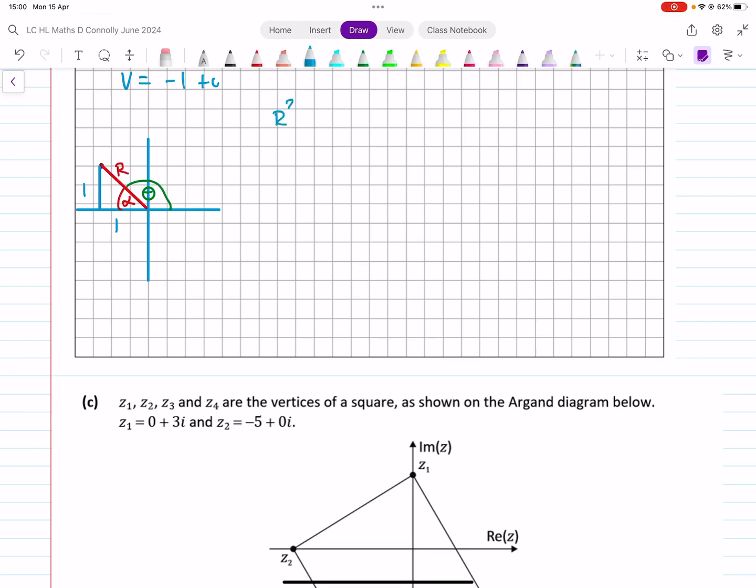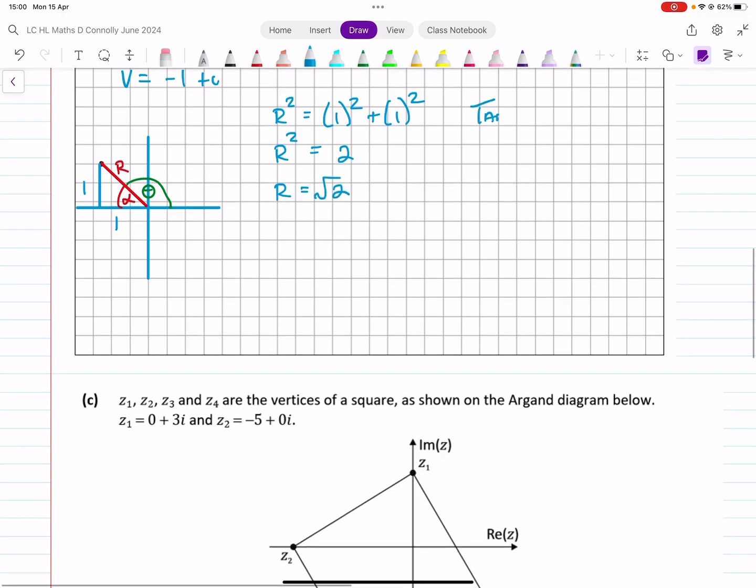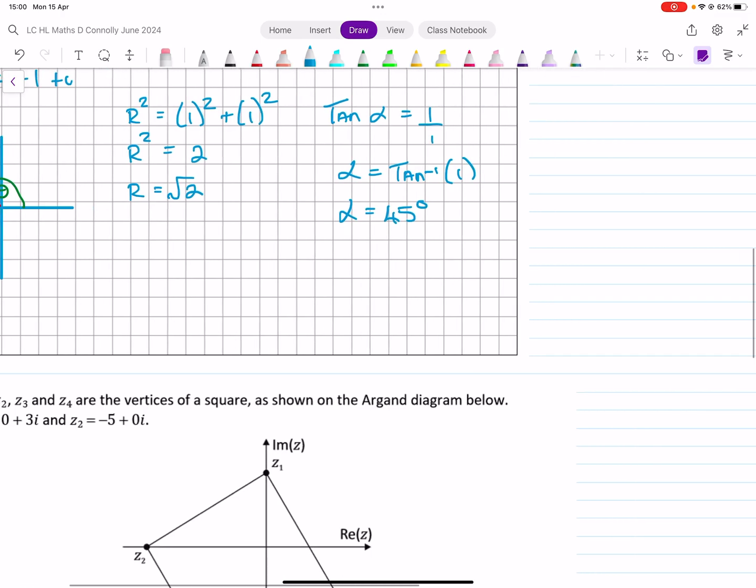So r squared is 1 squared plus 1 squared. r squared is 2, so r is root 2. And then the tan of alpha is 1 over 1. So it's inverse tan of 1, which is 45 degrees. That's alpha. To get theta, we do 180 minus 45, which is 135.